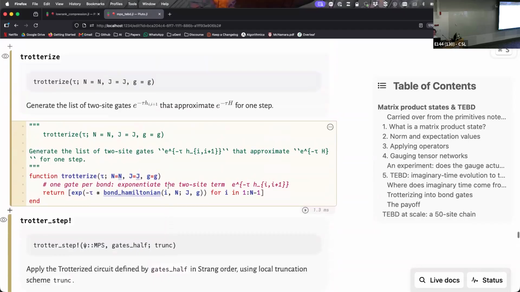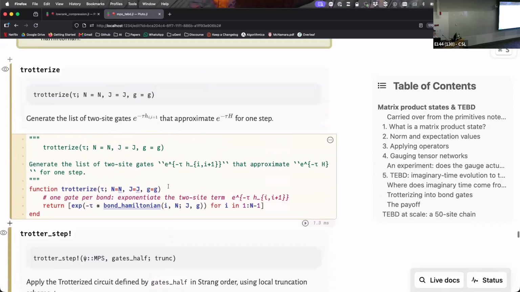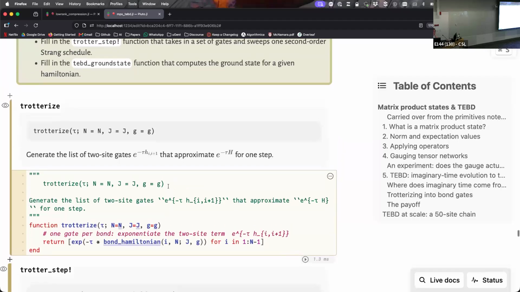All right. So let's see and reconvene. Making the Trotterized gates is a simple mapping: take each of the local two-site gates, multiply them by minus tau, and exponentiate them. Why can we exponentiate this?